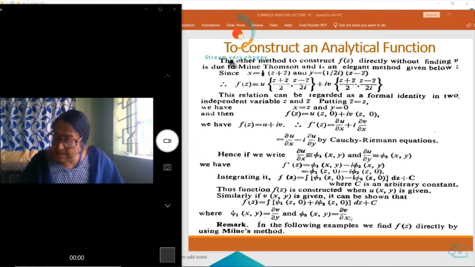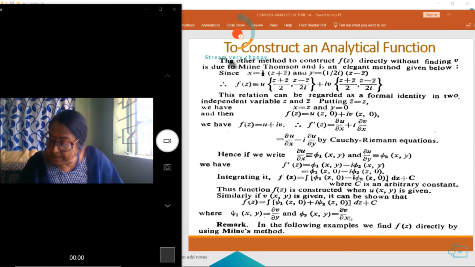Let x equal half of z plus z bar, and y equal to 1 by 2i times z minus z bar. Then f(z) can be written as u((z + z bar)/2, (z - z bar)/2i) + iv((z + z bar)/2, (z - z bar)/2i). Thus, this relation can be regarded as a formal identity in the independent variables z and z bar.